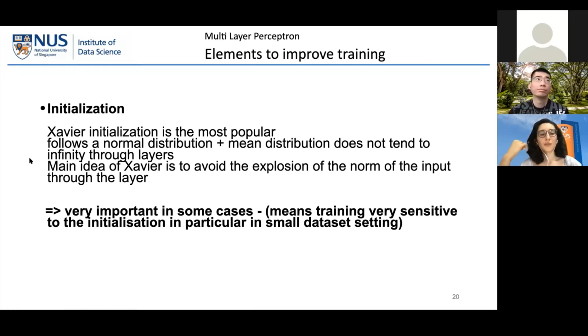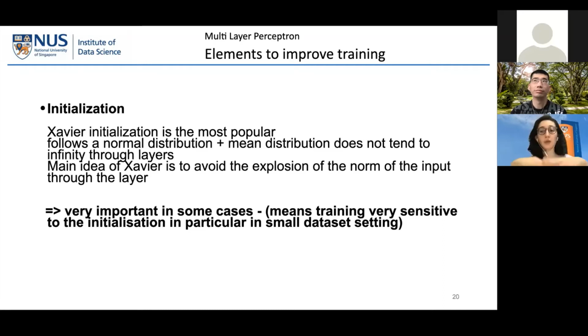However, sometimes it's quite popular to use, I don't know how to pronounce it, sorry, Xavier initialization, in order to have some upper bound and lower bound of what your output could be.